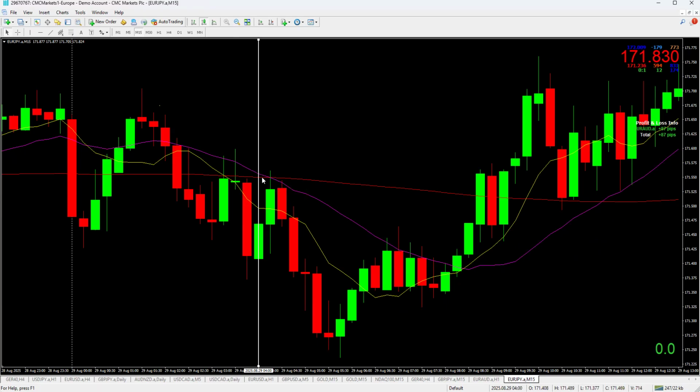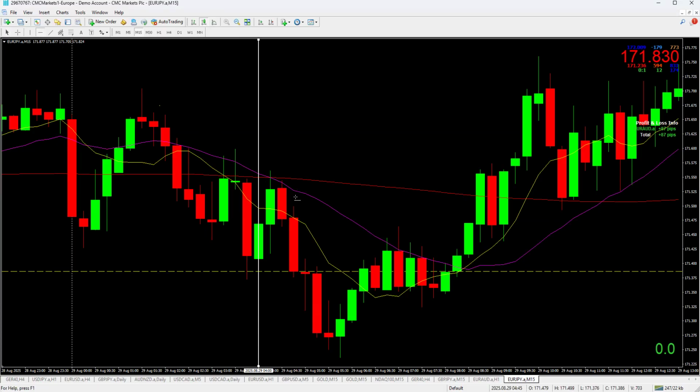The last one I needed to cross was the 20 crossing the 200. So that happened kind of like here. So we're saying, okay, fine, we can take trades anywhere here. Now, this green candle was taken out, not by this, but by this candle. So we're entering that trade there.